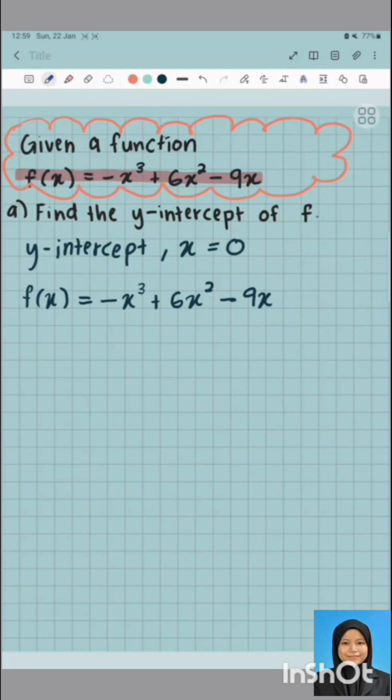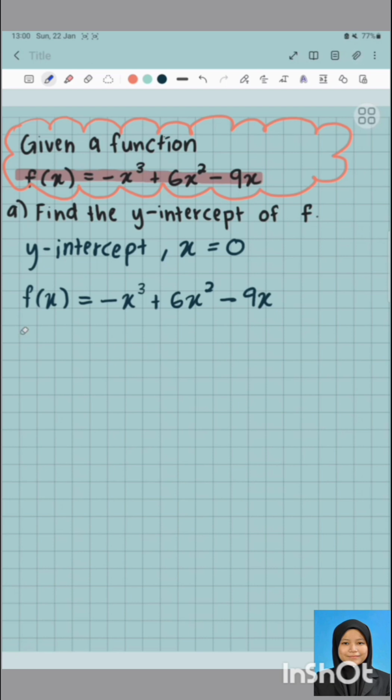Explain to you guys how to answer a question. Given a function f(x) equal to negative x power of 3 plus 6x power of 2 minus 9x. For this question, we need to find the y-intercept of f. So basically, y-intercept is x equal to 0. First, we copy the equation.